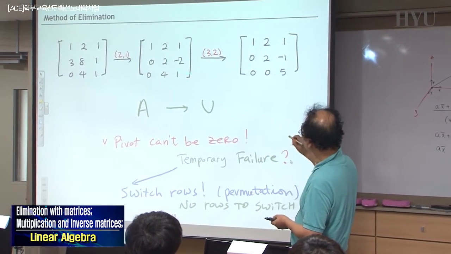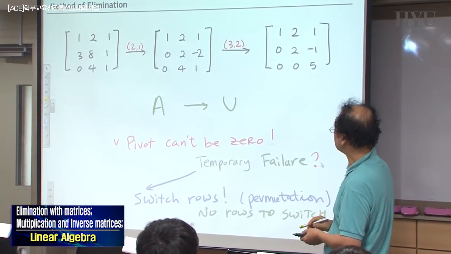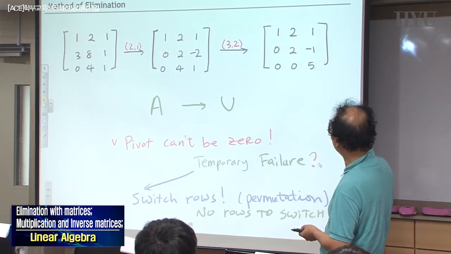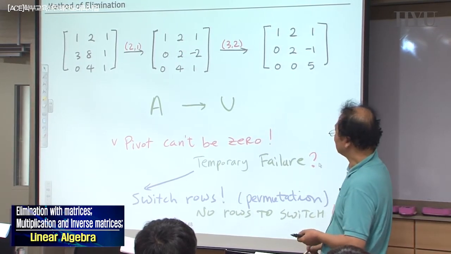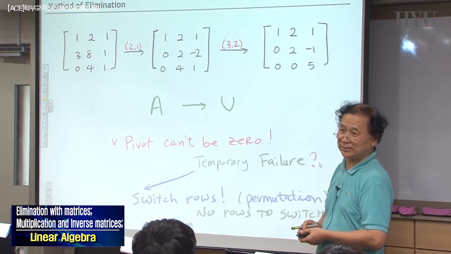This one is now between rows 3 and 2. Once you have this, using these two equations, now we try to move this. So what operation should we do?